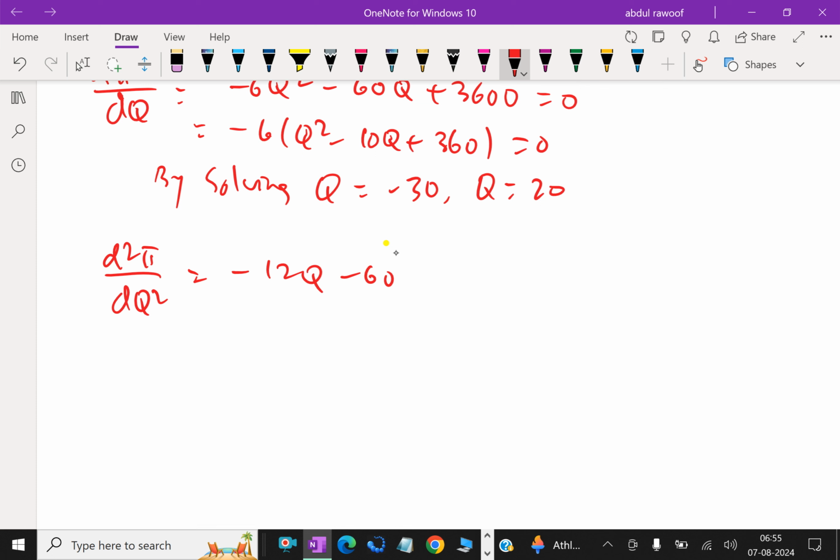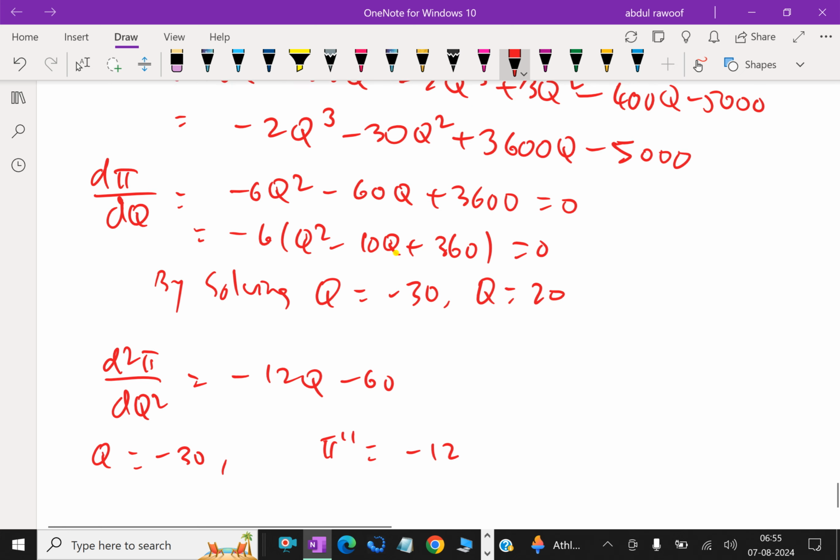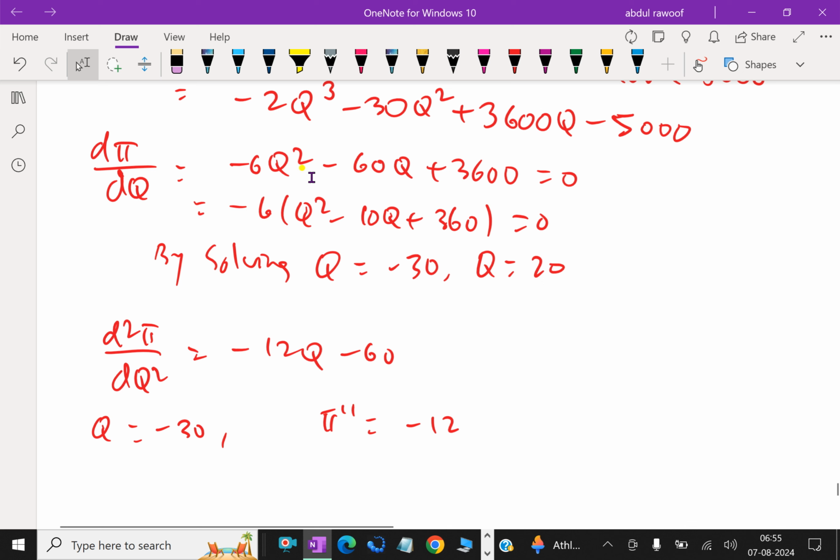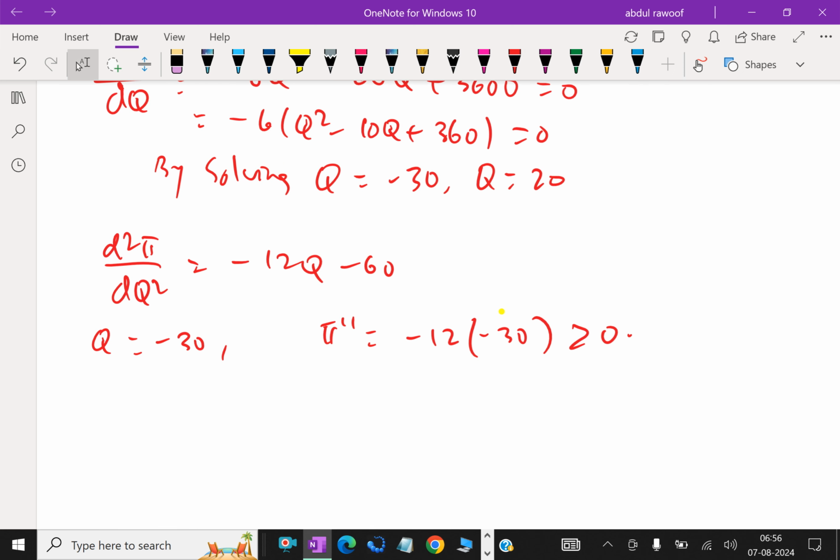So substitute q equal to minus 30, which gives a positive sign for the second derivative. So these are the critical points.